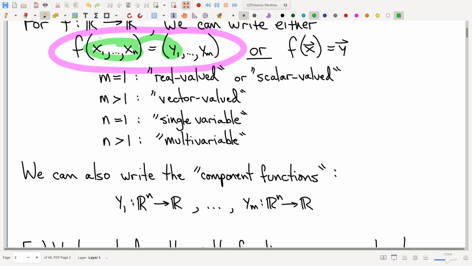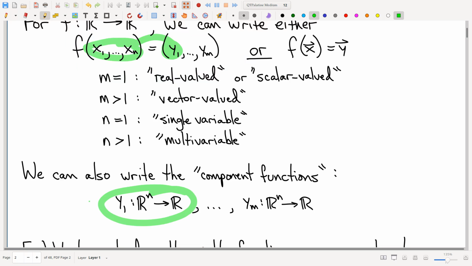So if you look only at y1 by itself, y1 is a single real value. But the value of that y1 will depend on all of these several input variables. So this, what we call the first component function, is a function from Rn, because we need all of the inputs. But since we're only looking at the one output, this is real valued, whereas the whole function might be vector valued.